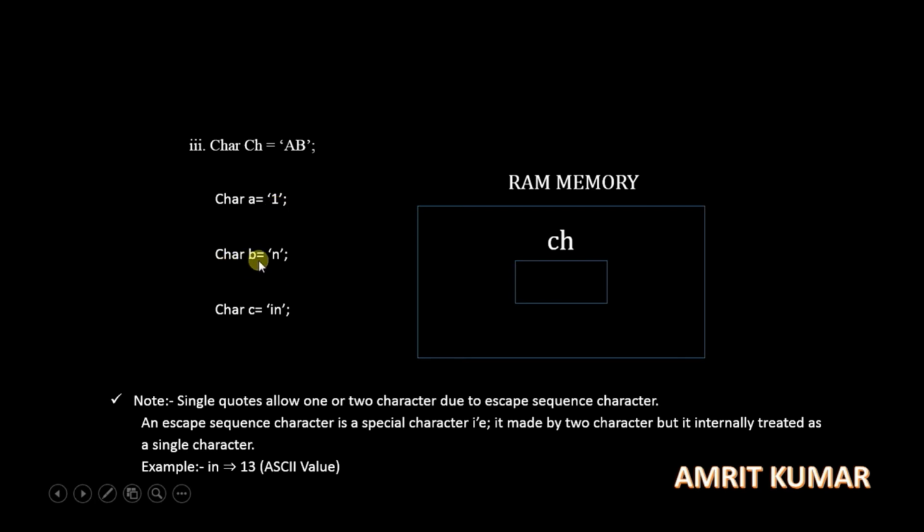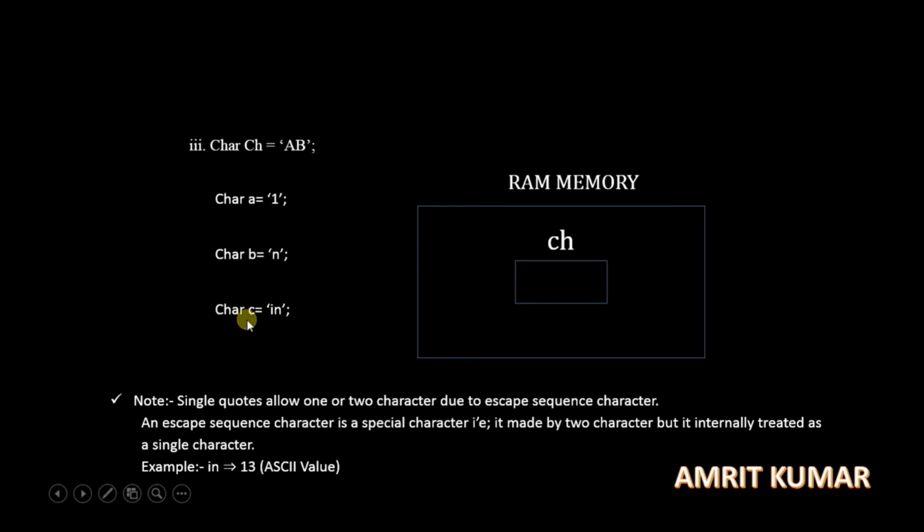Another example, char b equal to single quote n. Here b is allocated in the RAM memory with size 1 byte because of the char data type, and it stores the value n.